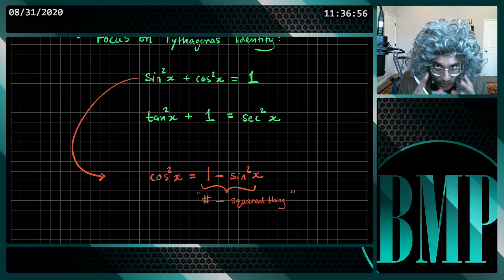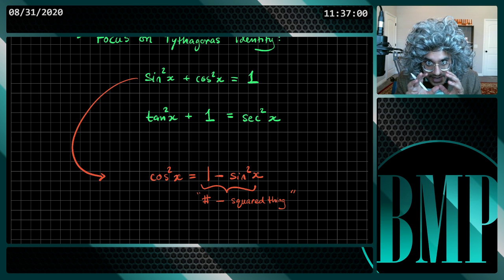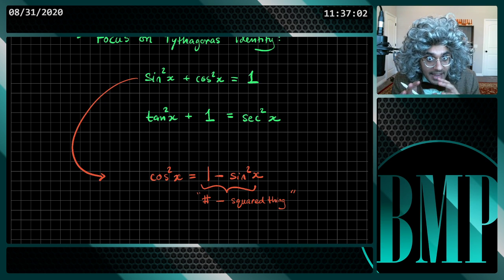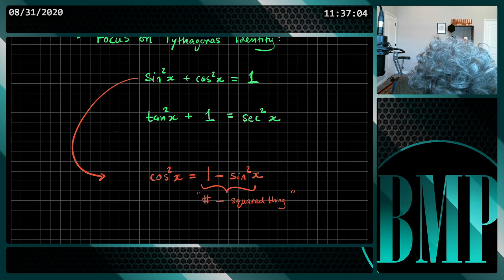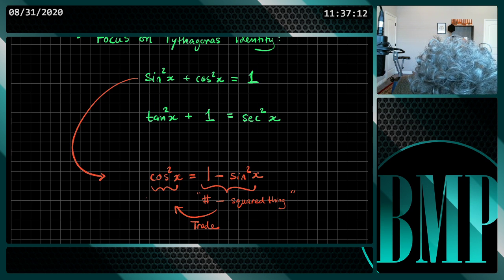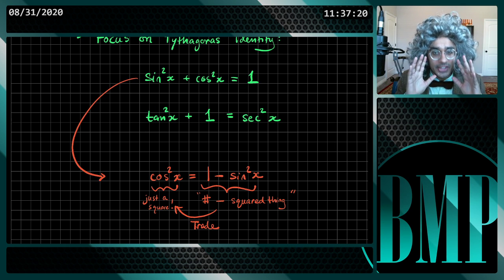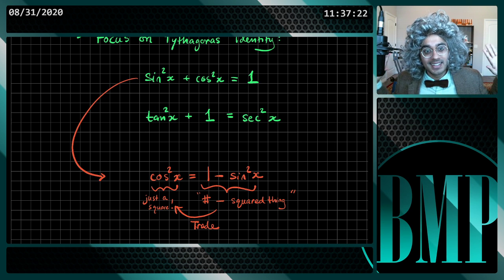And the whole move in trig substitution is to take something like that and trade it for a perfect square. That's the running theme in all trig substitution.